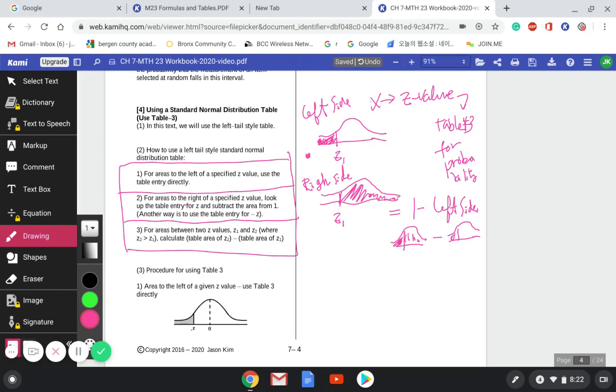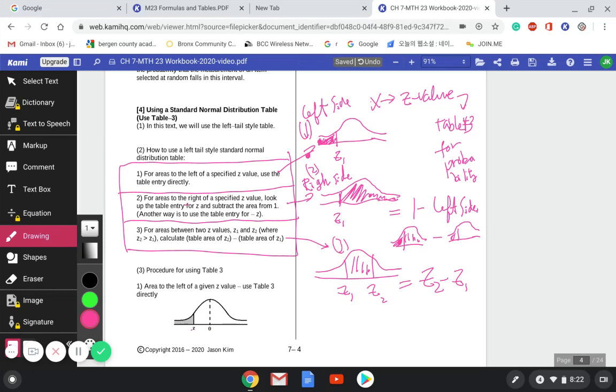So if you take this away, then you only come up with the right side. Also, the third case is that if you are looking for the probability over the range from z1 to z2, what you do is z2 minus z1 to find the middle part. So you have to recognize and memorize these 3 steps of finding z values.